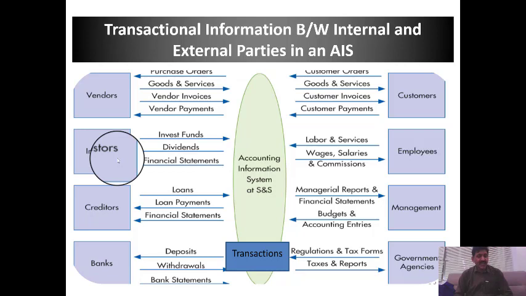Then based on the same investment of funds, they generate another piece of information in the form of dividends. What does dividend mean for the accounting information system? Basically, that is information. The accounting software doesn't know what a dividend is, but it can capture the information that this is the dividend. We know that this is the dividend.